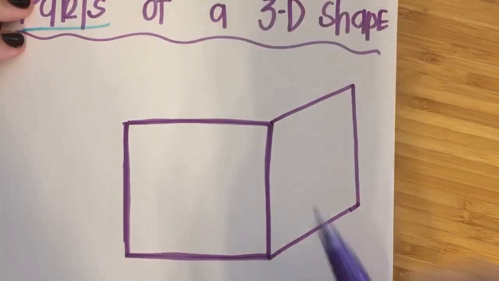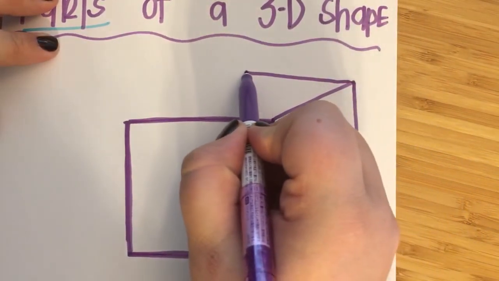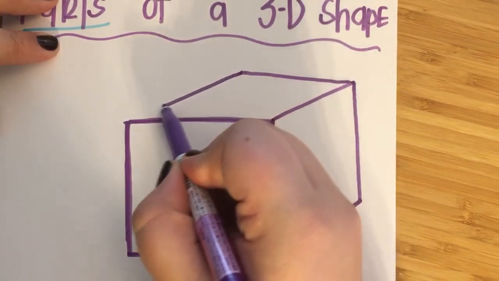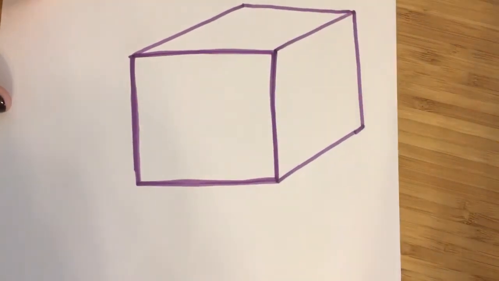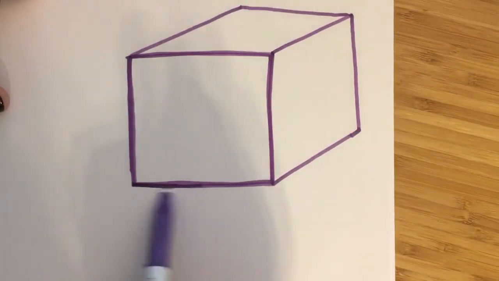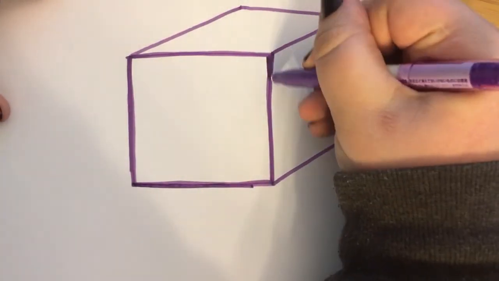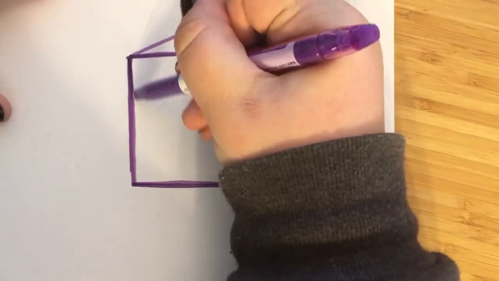So I took that square that was on my paper and I've made it into a 3D shape, perhaps a cube. I do kind of feel like my drawings would be better if I had a ruler, but for our purposes, I'm not going to lose sleep over it. I'm taking my purple marker and I'm outlining that, what would be like a square if I didn't add onto it a little bit darker.